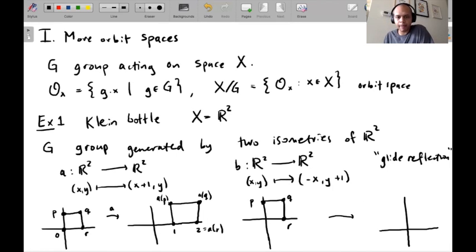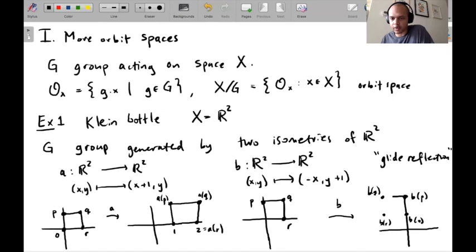So we translate vertically up and then reflect horizontally. 0 just gets sent up. So under B, this is B of 0, and here's B of P. And R gets shifted up and reflected across the y-axis. So here's B of R, and B of Q is here.